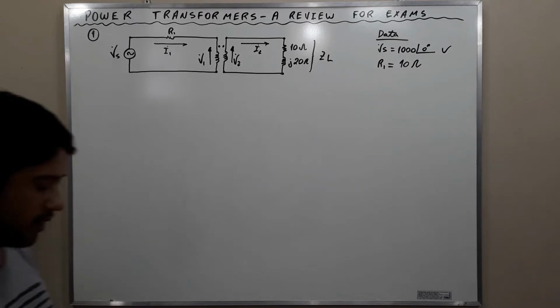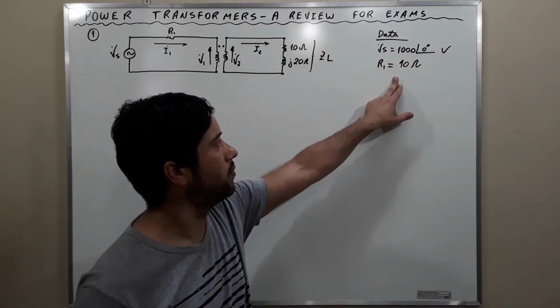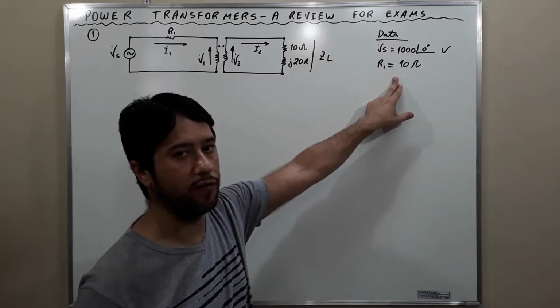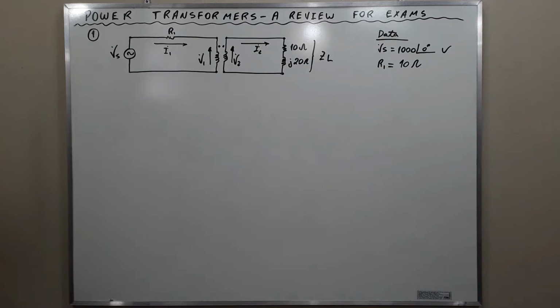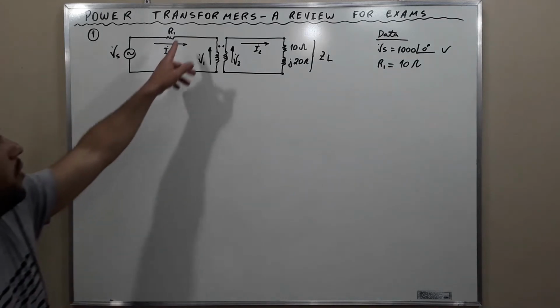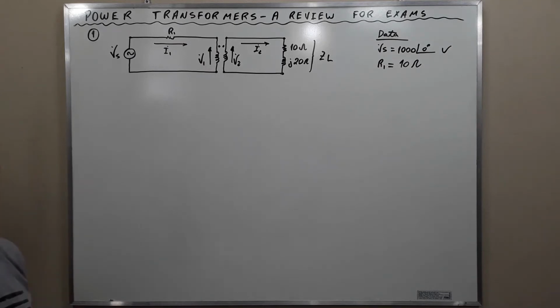The exercise provided this information. It said that the voltage of the power supply is 1000 volts and the resistance of the cable is 10 ohms. With this data, we can calculate everything.